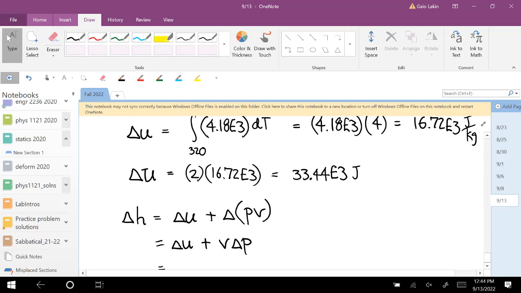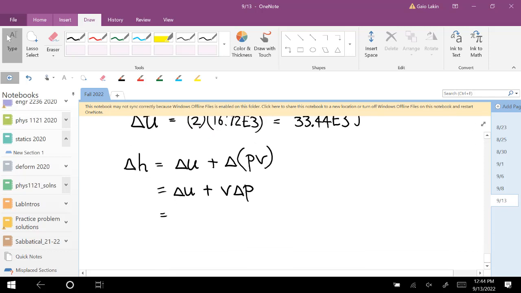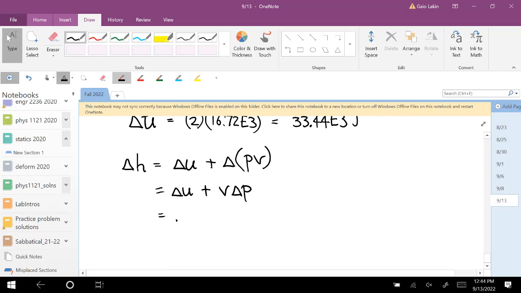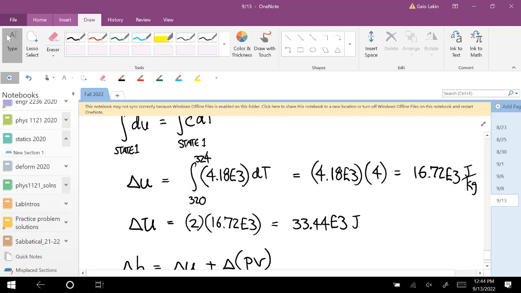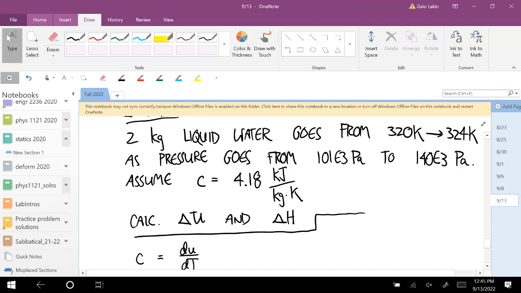For the change in specific internal energy, you get 16.72 times 10 to the third. And then plus, I guess I didn't give a specific volume.